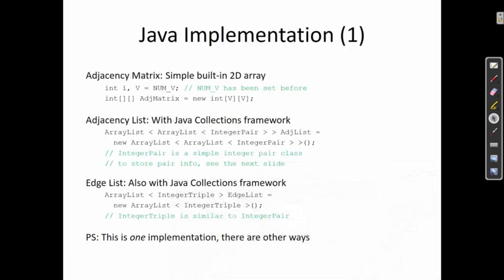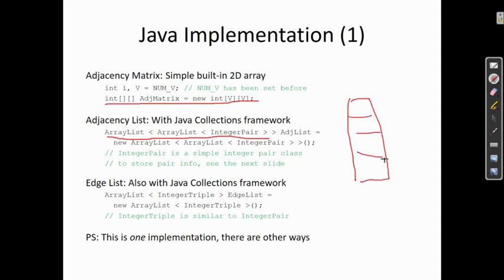Let's talk about the Java implementation for all these three different graph data structures. It's very simple. For the adjacency matrix, you just declare a 2D array. For the adjacency list, you just define an array list of array lists.